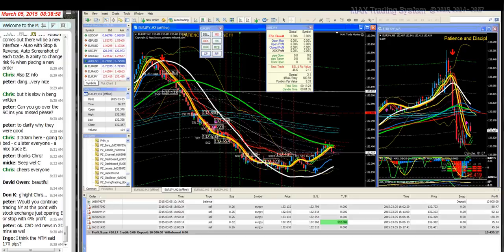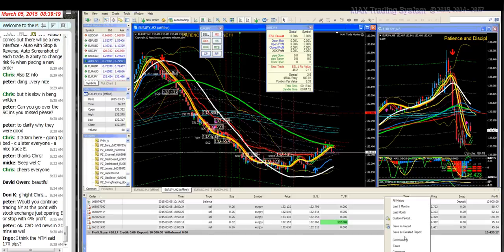So can we add here the profit? Can we add a column? I don't think so. No. But we can make the difference between the entry price here and the exit price. But around 170 pips, yes, it may be plausible indeed.